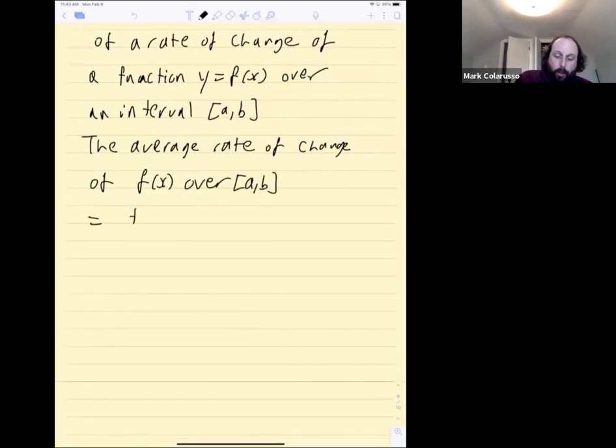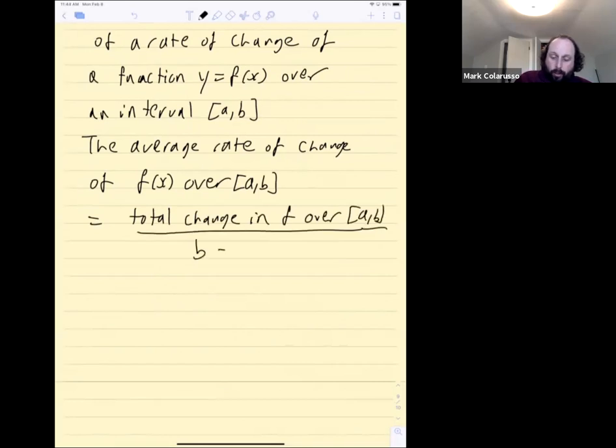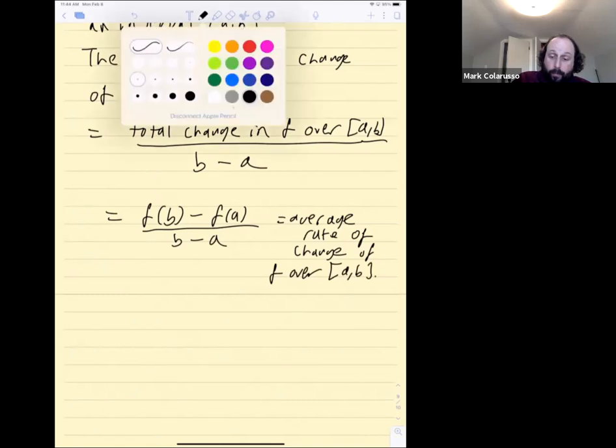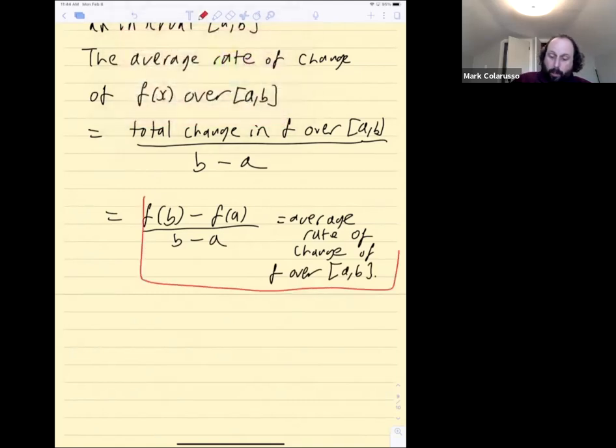It is equal to the total change in f over the interval [a, b] divided by the length of the interval, b minus a. As a formula, that's f(b) minus f(a) over b minus a. This is the average rate of change of f over the interval [a, b]. I'll put that in a box for you.